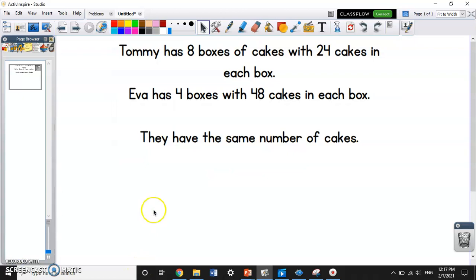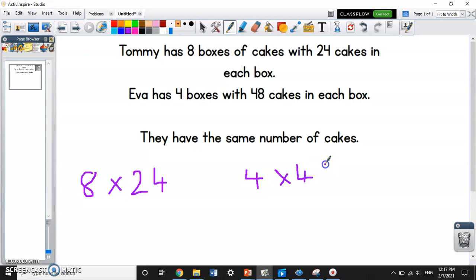So to think about this, I want to be able to write a couple of things down. I'm thinking Tommy here is doing 8 boxes of cakes and 24, so he's doing 8 times by 24. While Eva has got 4 boxes, but there's 48 cakes in each box. Now I've noticed something about the numbers.